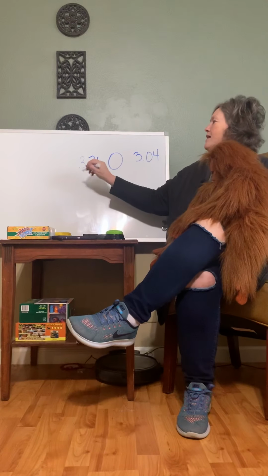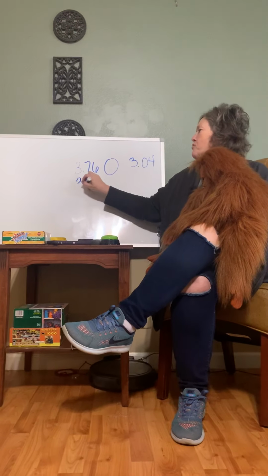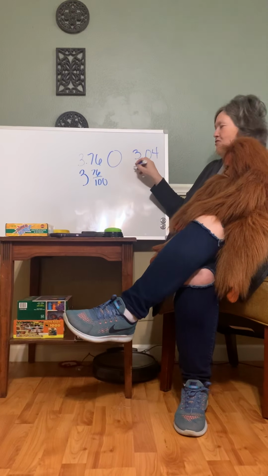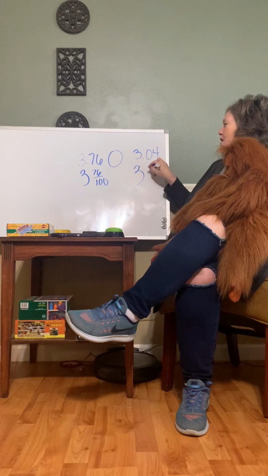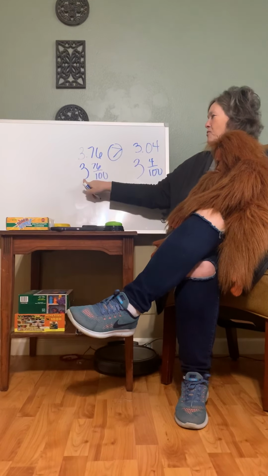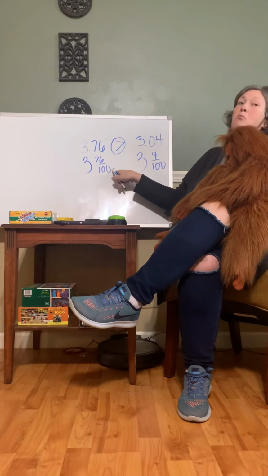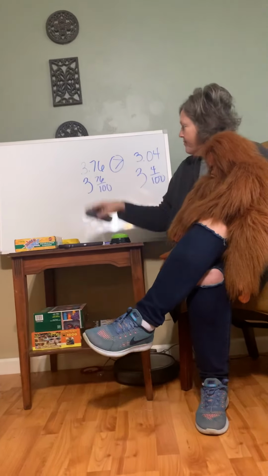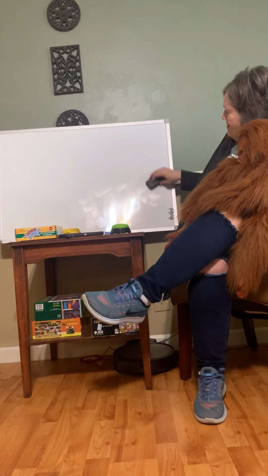Let's write this as a mixed number: 3 wholes and 76 hundredths, and 3 wholes and 4 hundredths. You're right. 3 and 76 hundredths is greater than 3 and 4 hundredths. All right, let's do another one.